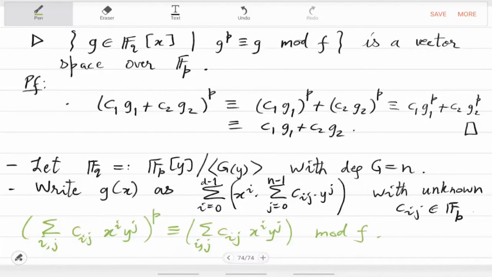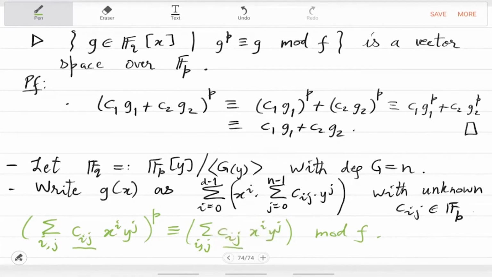Now, in terms of the unknown Cij, is this system a linear system or a non-linear system? Remember that non-linear systems are very hard to solve, if at all you can solve. Linear systems you can always solve. So is this linear or non-linear in terms of the unknowns, which are Cij's? These are the things you want to find.